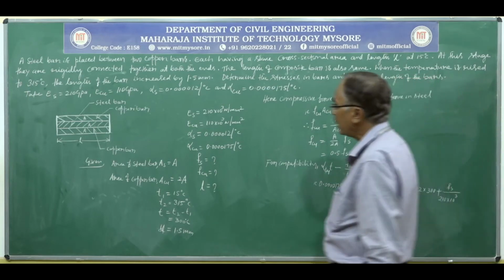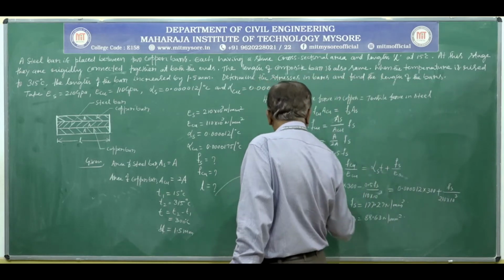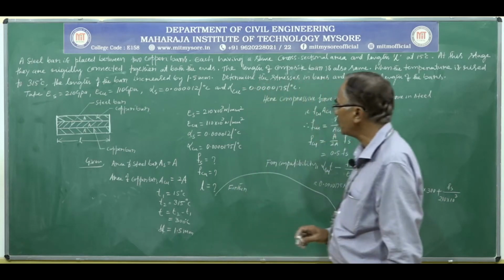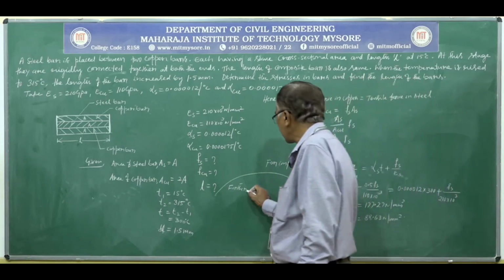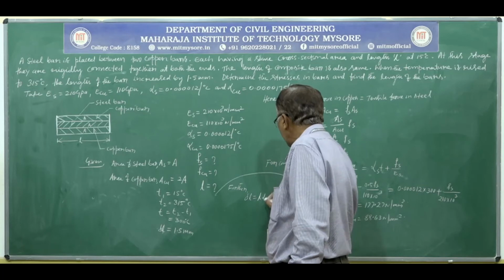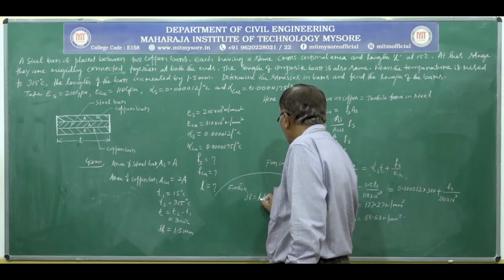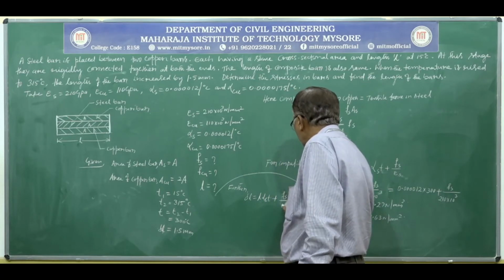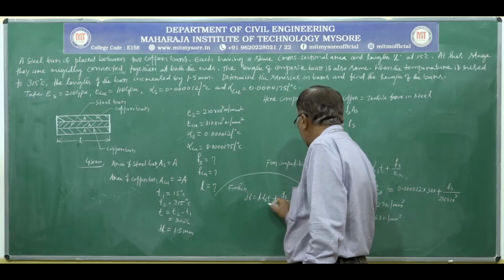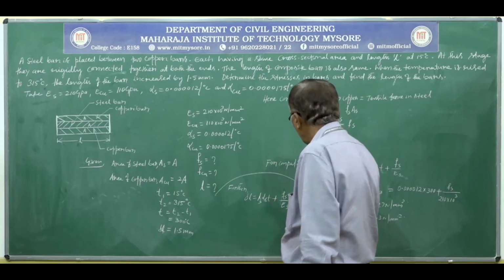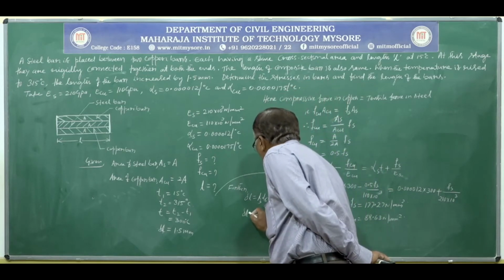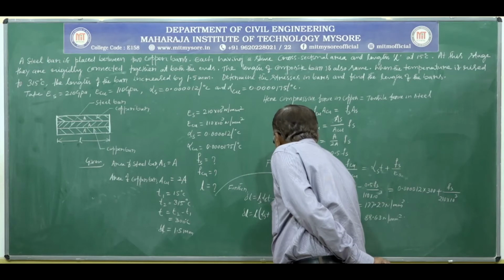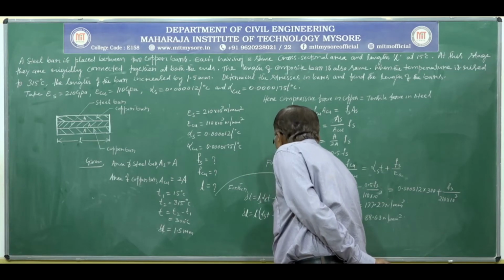Next, to calculate the length of the composite bar, as strain in both the materials is the same, we can write delta L is equal to L alpha S T plus Fs divided by ES into L. As length is the same, delta L is equal to L into alpha S into T plus Fs by ES.